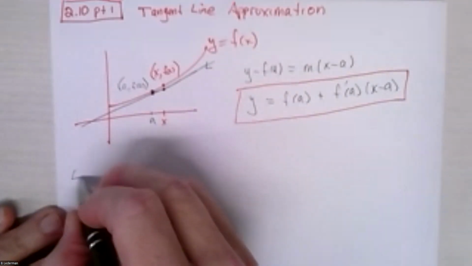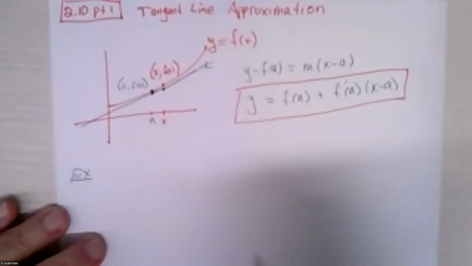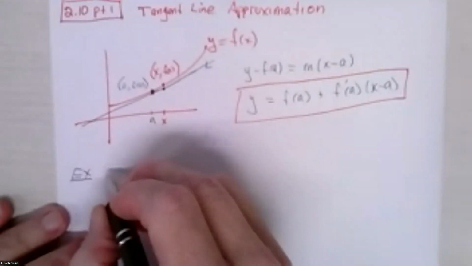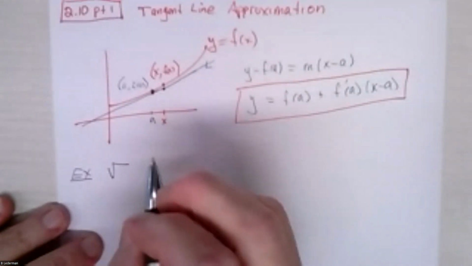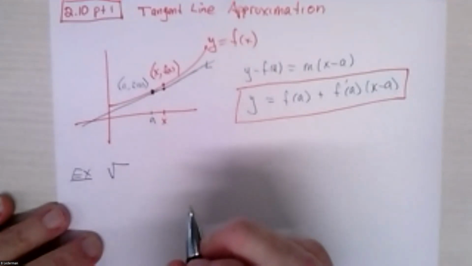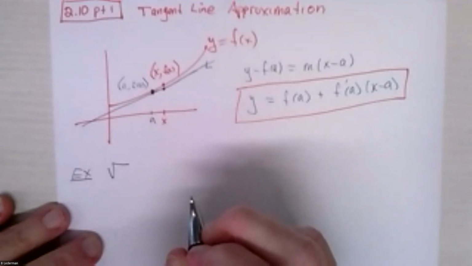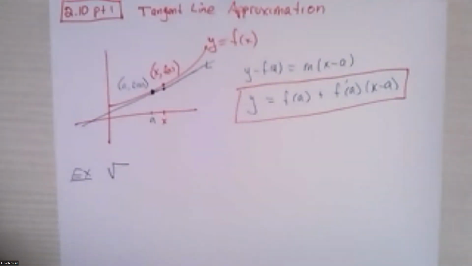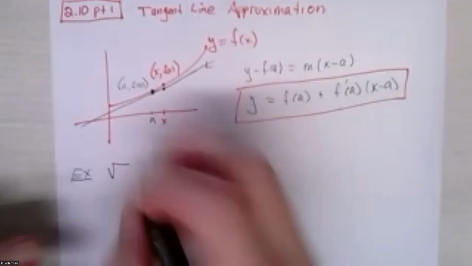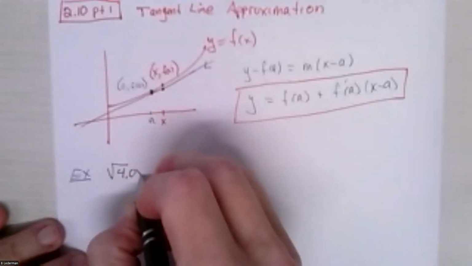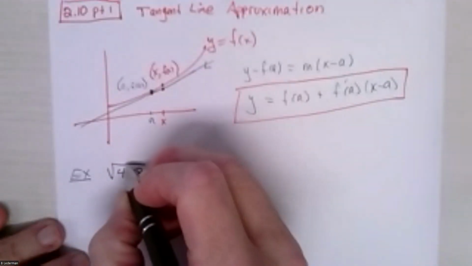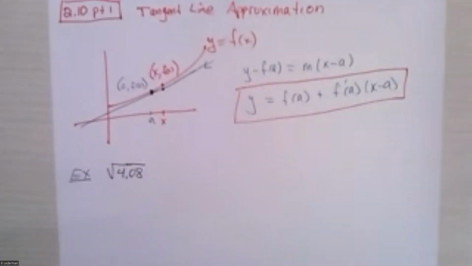Suppose we want to find the square root of 4.08.